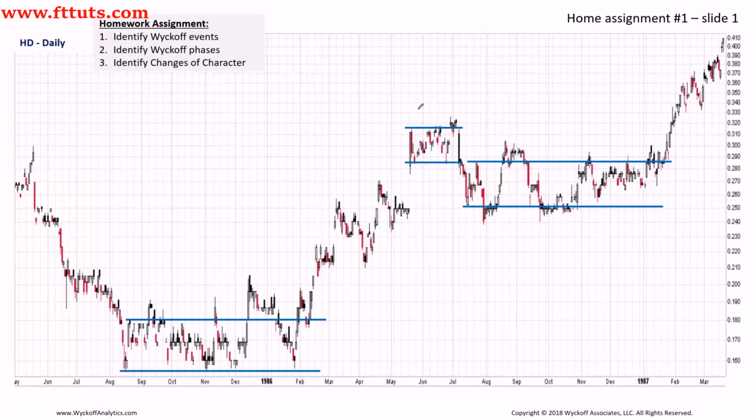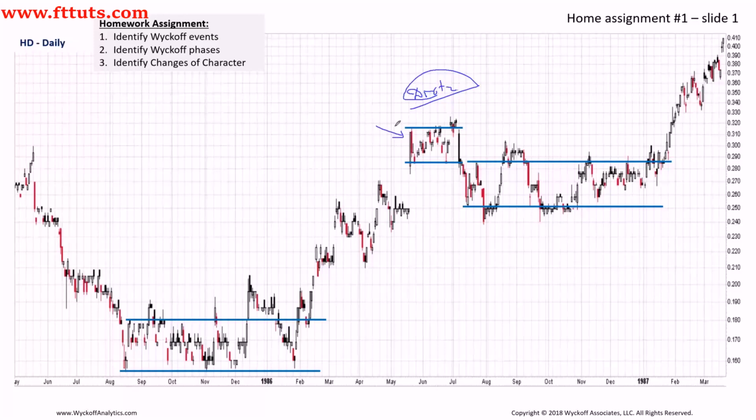All right, Rama, really quickly, okay, let's talk about the distribution. So what is the most obvious thing that you see in this distribution? In that small area of distribution, the most obvious thing is the price action that almost resembles a buying climax, the very first bar.